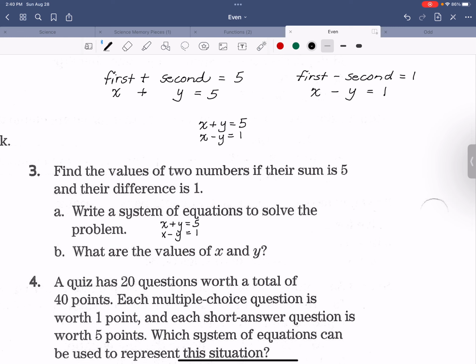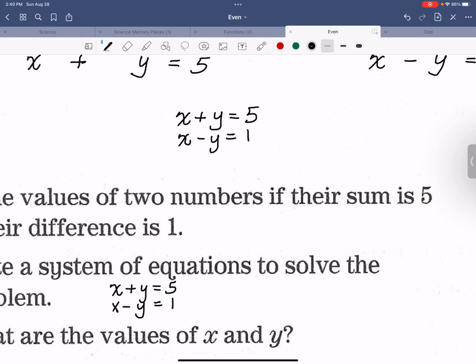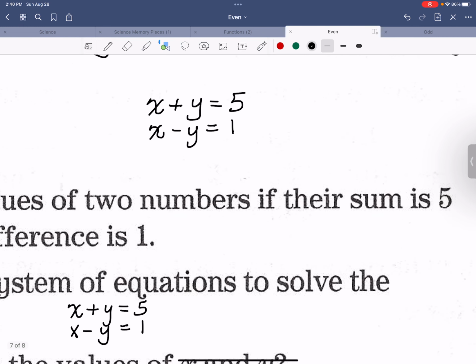I've already got an opposite x, an opposite y. So let's cancel those two. All right. So I am left with 2 x's equaling 6. So x is 3.